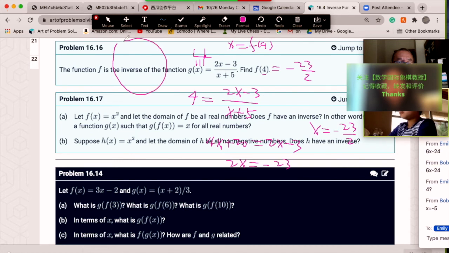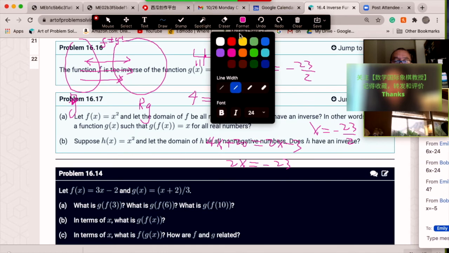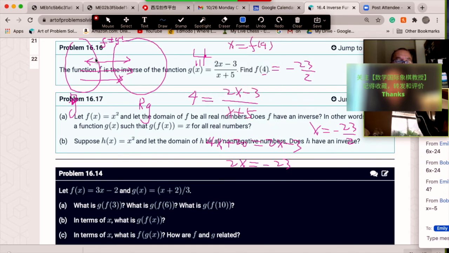Because suppose this is the domain of the g function, and this one is the range of the g function. Now the f, that's a reverse function. This one equals the inverse function of g. That's actually doing the exact same to this side. So f actually does this.